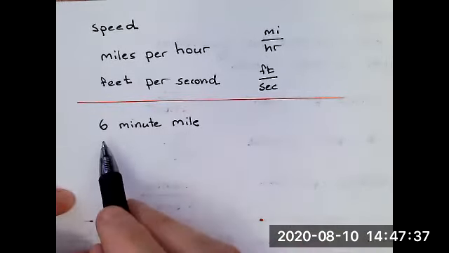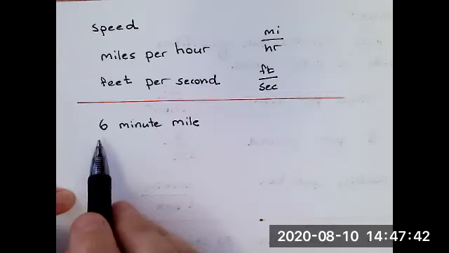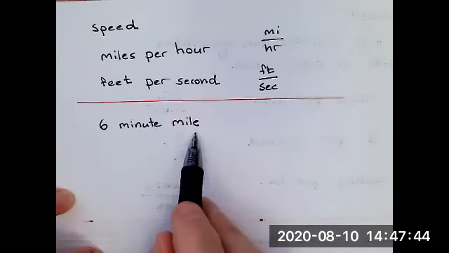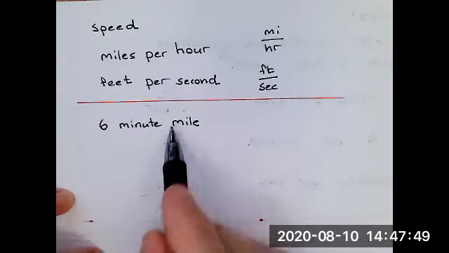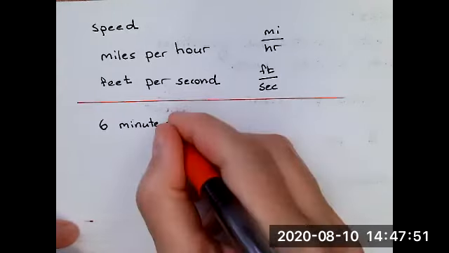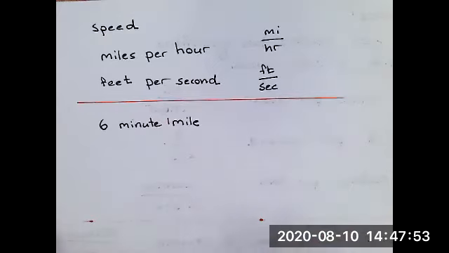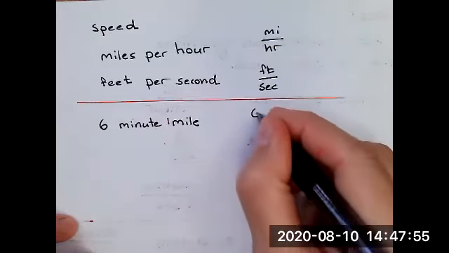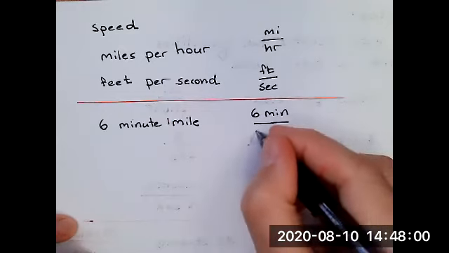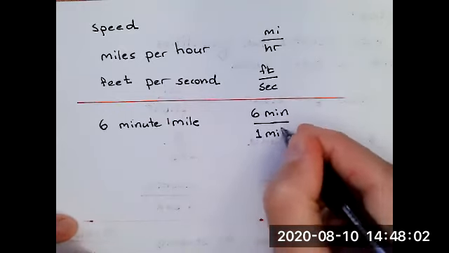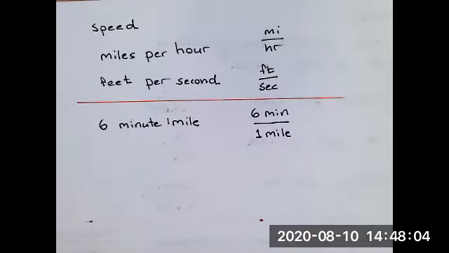A lot of times runners will talk about their speed this way. They run a 6-minute mile, which means it takes 6 minutes to run 1 mile. So that's minutes in the numerator, miles in the denominator, or 6 minutes per mile.